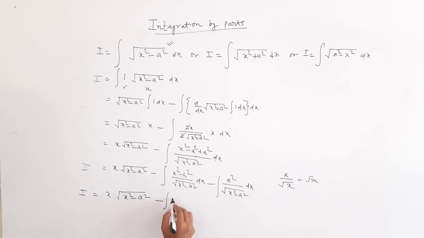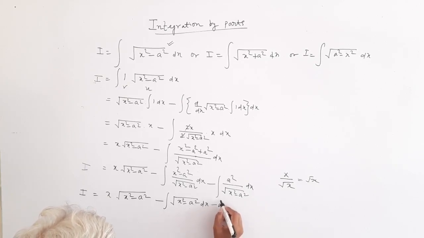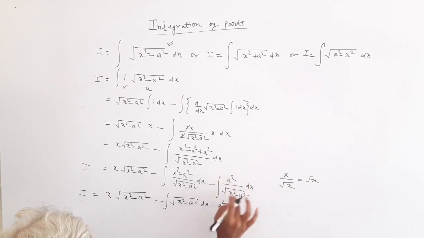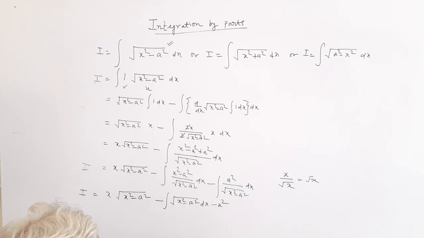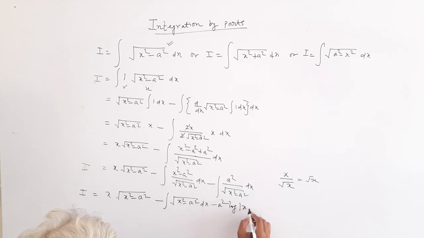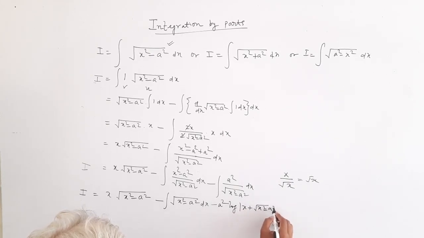So this becomes integration of under root x square minus a square dx. If you see, this is nothing but your I. And then a square I take common, and this integration of 1 over under root x square minus a square, you can directly write the formula, that is log mod x plus under root x square minus a square plus c.